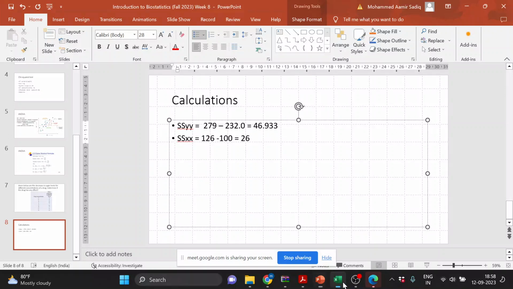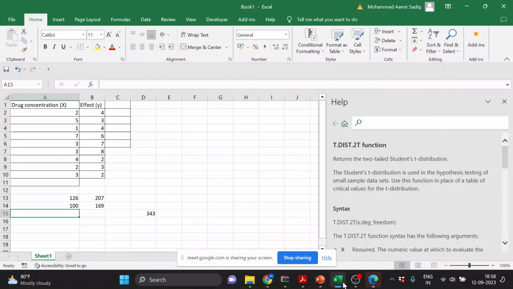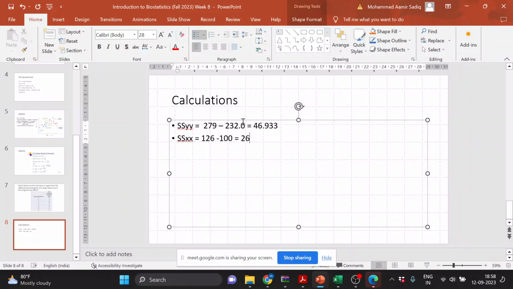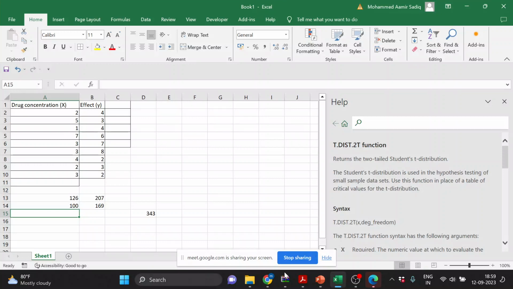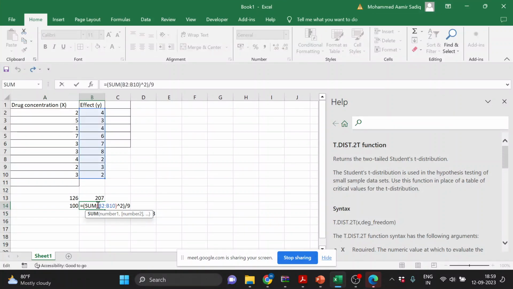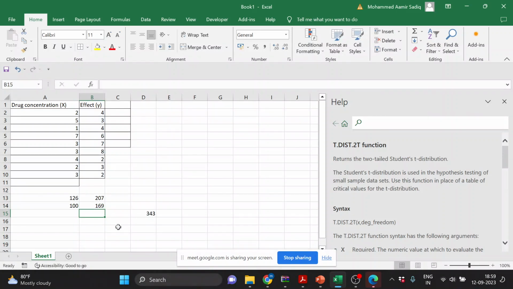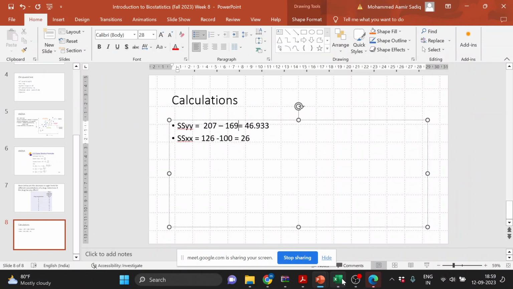Similarly for SYY it's 207 minus 169, which is 38.